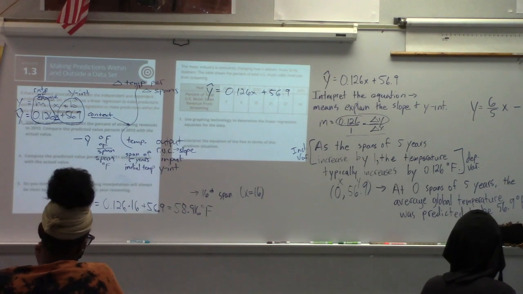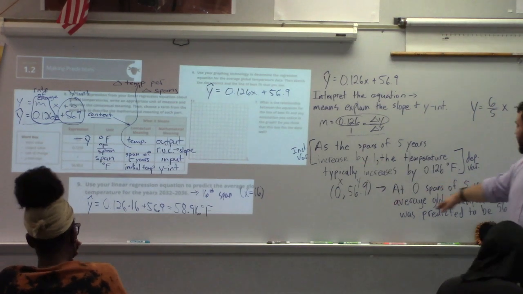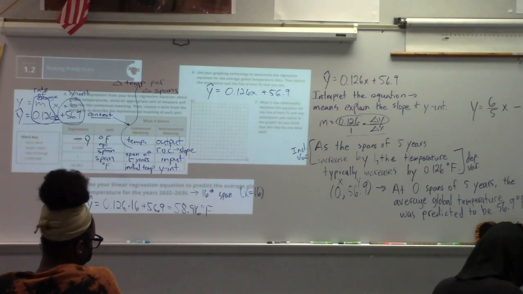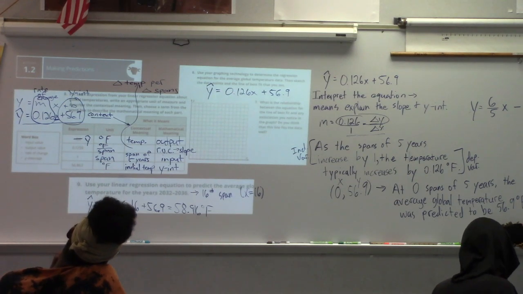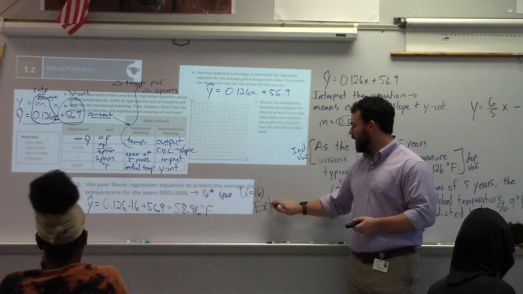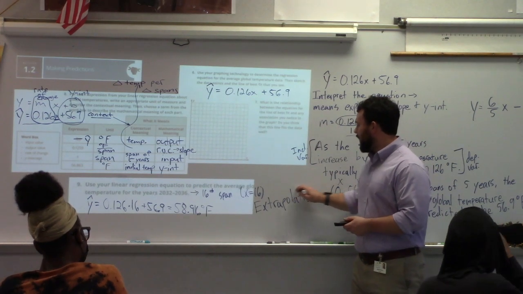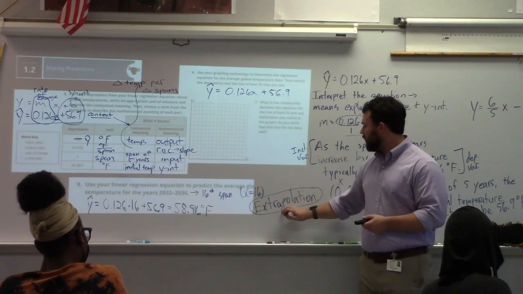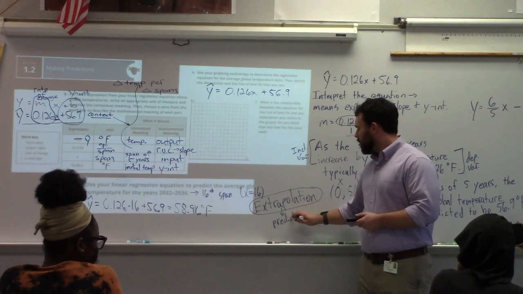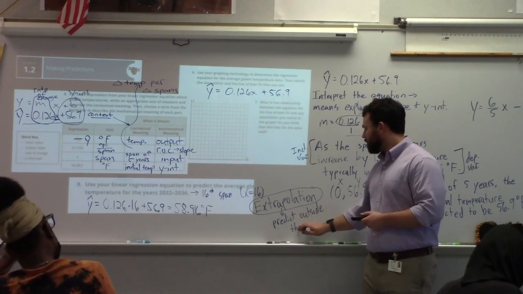Here's one more. Okay, really quickly. Do you see how this number, that 16, was outside of our data set? Yes? This idea is called extrapolation. This is a term that they have in the book somewhere, but I'm just going to make sure that you see it now. If you see that word extrapolation, that just means predict outside the data set.